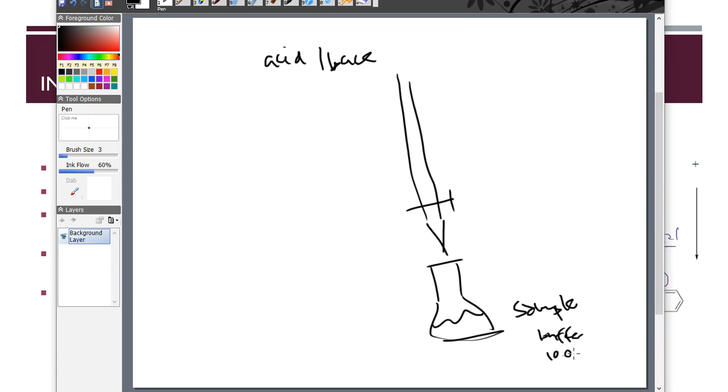That buffer is at a 10, but this is not an acid-base reaction. That's not really the purpose of that buffer. The purpose of that buffer is just to make a basic condition, so that way I am priming the EDTA to basically be negatively charged. It's going to remove those protons off the outside. So that sample that has my buffer in it is basic, but it is not an acid and base reaction.